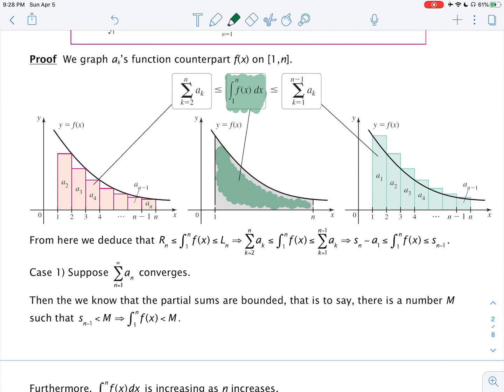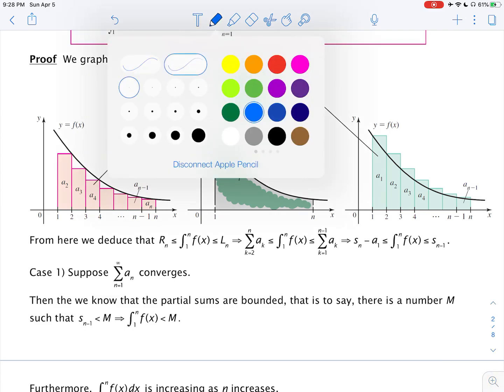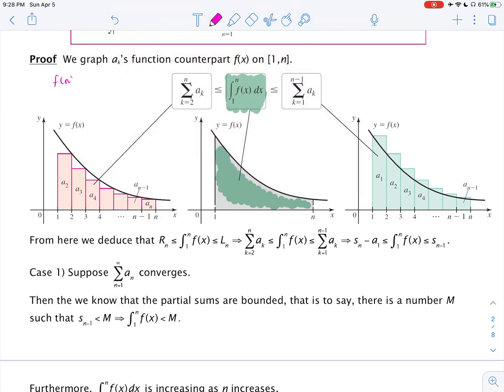And if we look at a finite sum of a sub k, remembering that f of n is equal to a sub n, if I start with k equal to 2 and use this as the height of my rectangle, the delta area is length times width because it's a rectangle, and that's going to be f of a sub 2 times delta x, right?